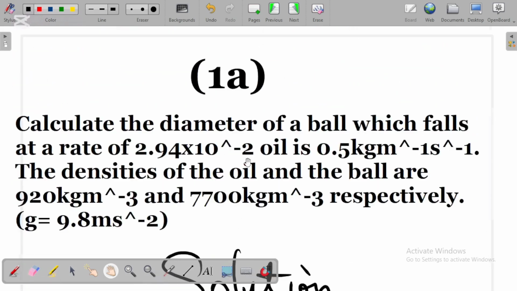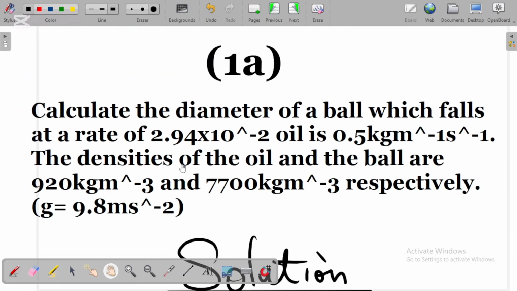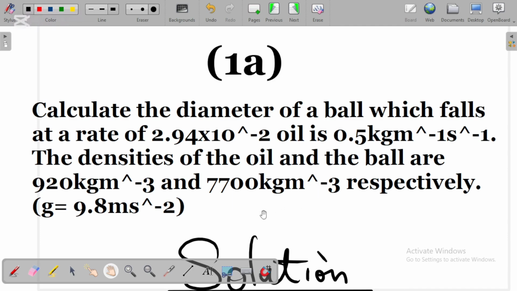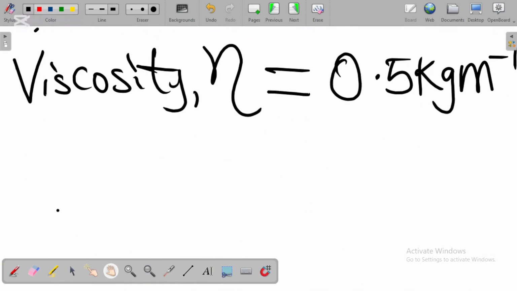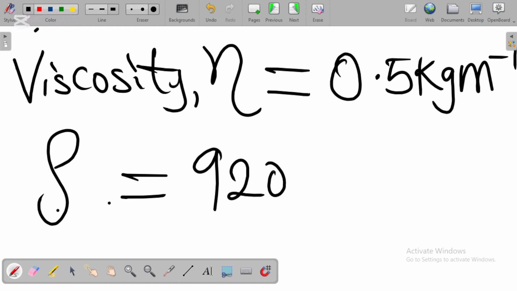Alright, let's check the next parameter. It says the densities of the oil and the ball are 920 kilogram per meter cube and 7,700 kilogram per meter cube respectively. Alright, so we have the density of the ball and the density of the oil. The first density given is 920 kilogram per meter cube.